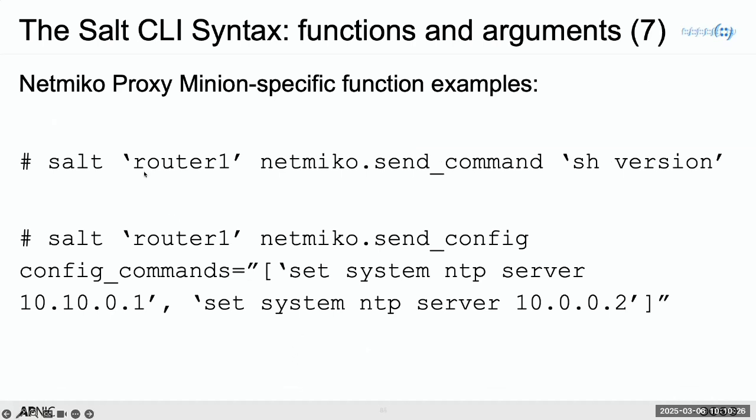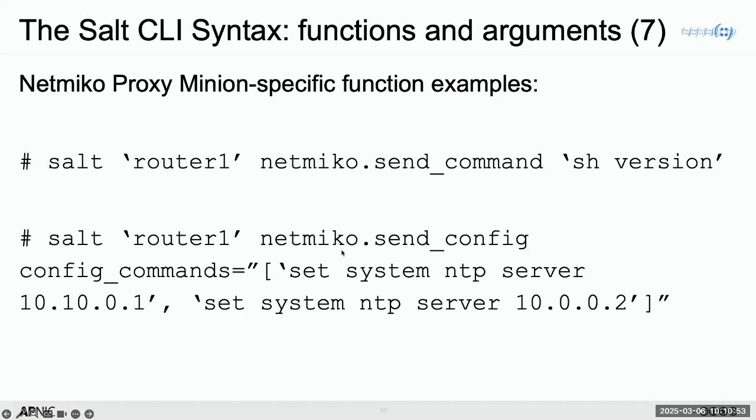So this is another example we have. In this case we have the Netmiko proxy minion, and we want to get the show version. Because Netmiko is supported against multiple vendors, we do not need to worry about it, and it can help us give the output from the device.